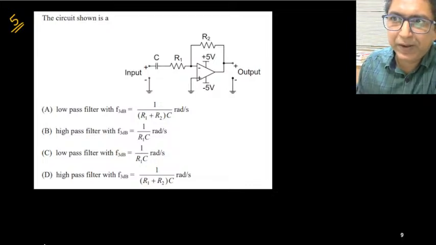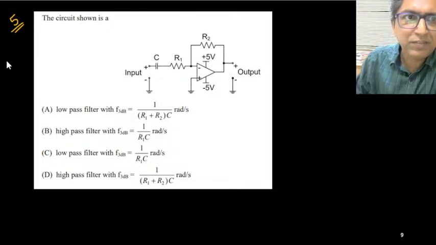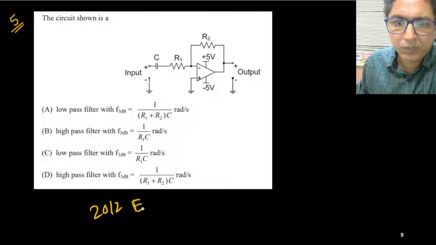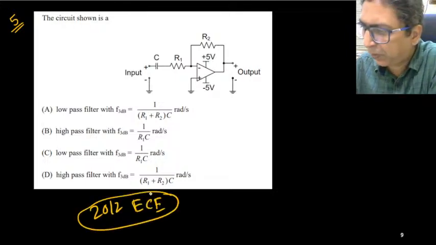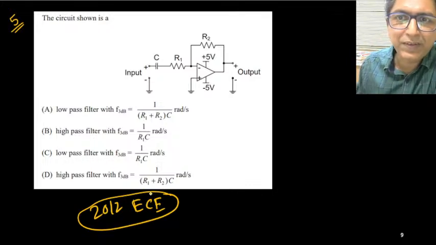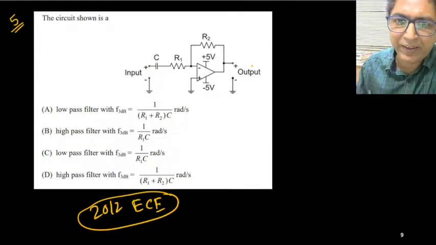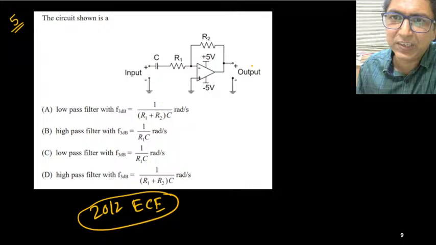This problem appeared in GATE ECE 2012. The question is that the circuit is given. Now you need to identify the filter type with the 3 dB cutoff frequency.